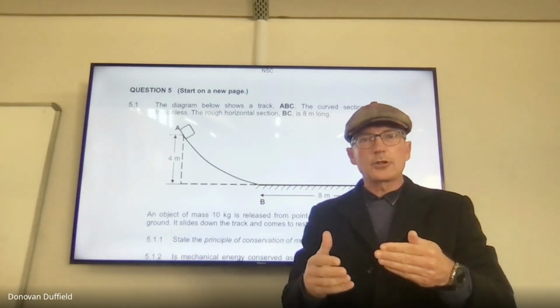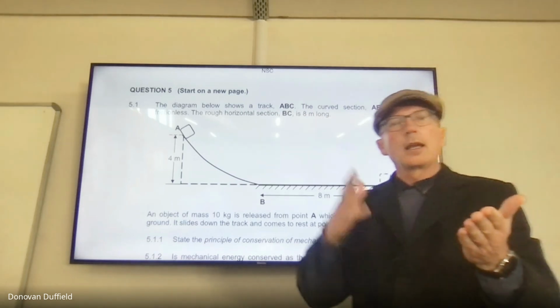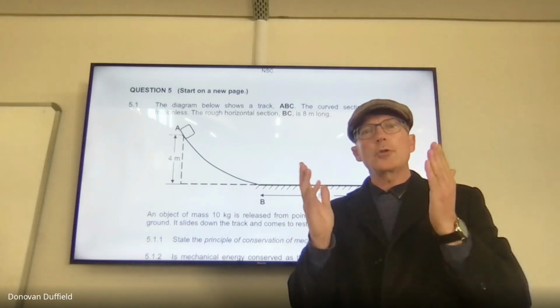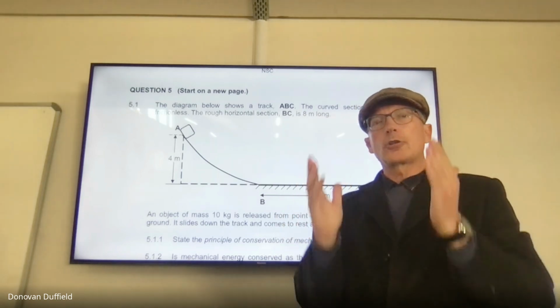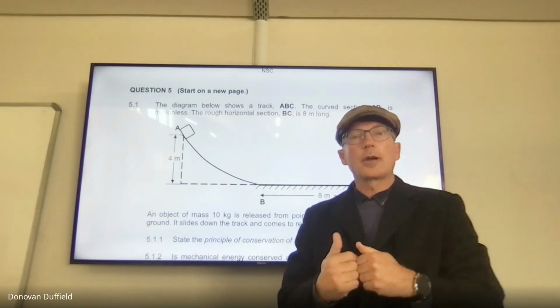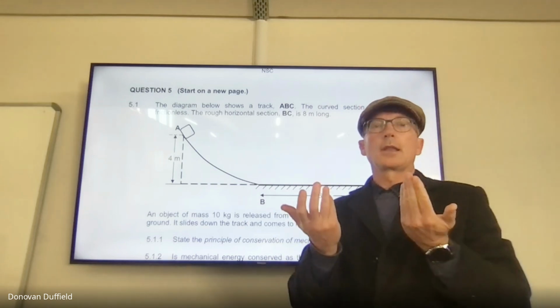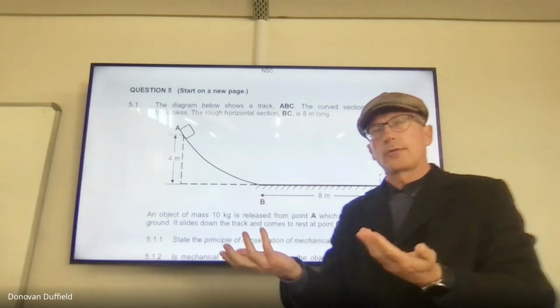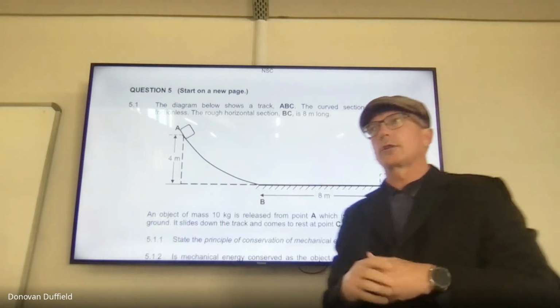Mechanical energy is the sum of the kinetic and the gravitational potential energy. So if you have a non-conservative force like friction, it's going to reduce the mechanical energy and hence change it. So it's a non-conservative force because it doesn't conserve mechanical energy.